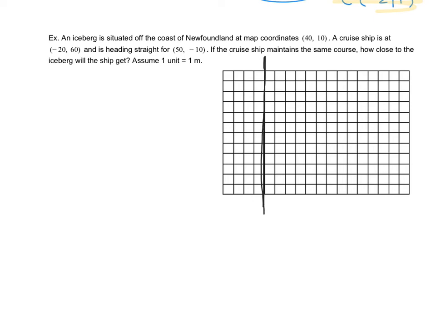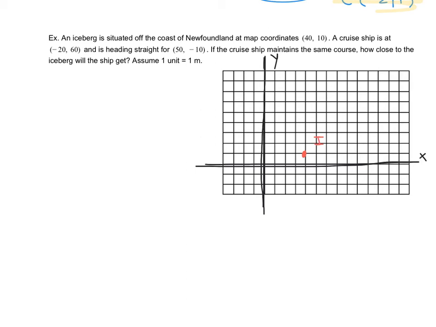And my X axis, I'll just say, is something like this. I'll plot my points. So 40, and I'm going to say each unit is 10. So 40, 10, I'm going to plot it here as if it's 4, 1. And this is my iceberg.